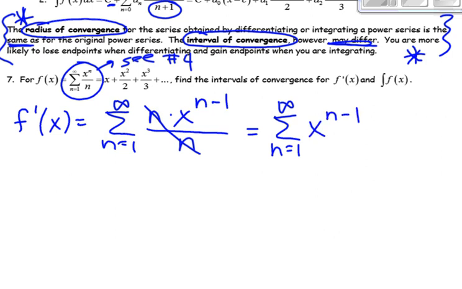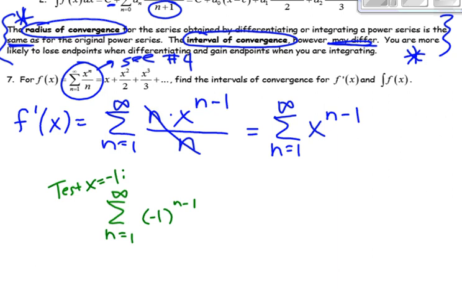Now you need to test the endpoints for this function. We're going to test x equals -1 for our derivative function. That's the series of -1 to the n minus 1.